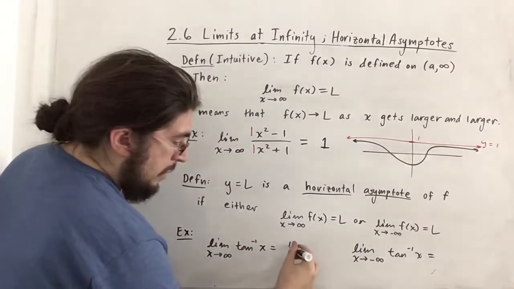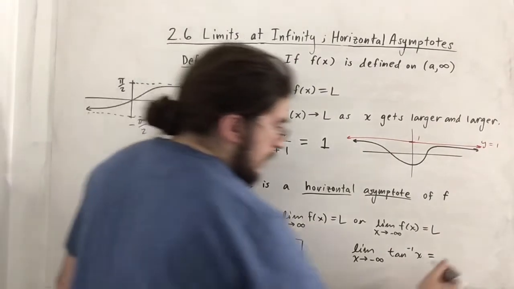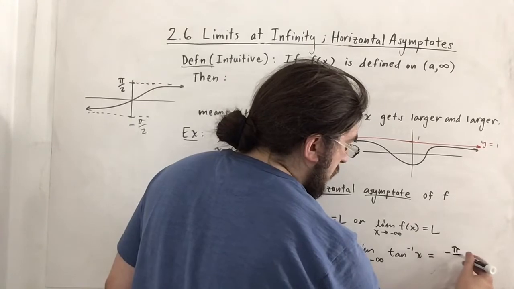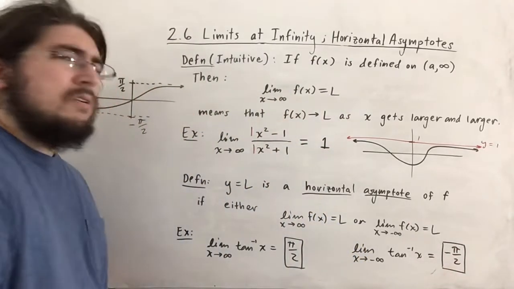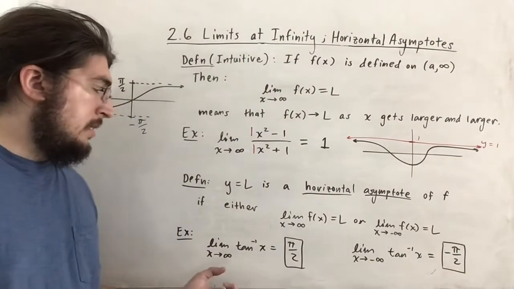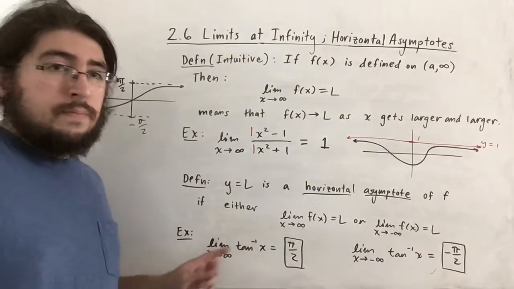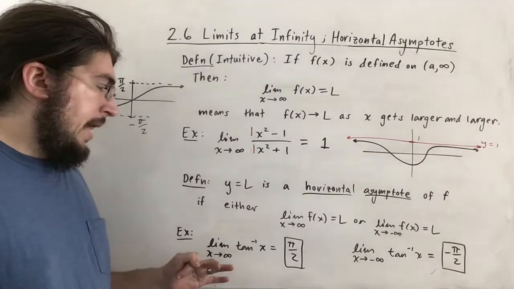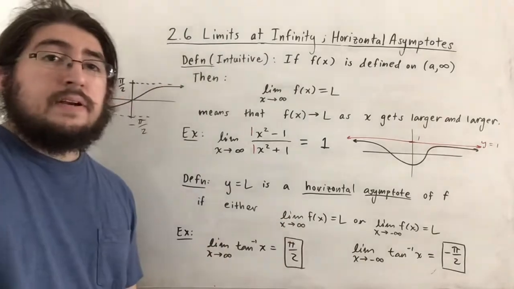So this limit here is pi over 2 because of horizontal asymptotes, and this limit here is negative pi over 2, again because of horizontal asymptotes. A nice way of seeing this is because tangent of pi over 2 approaches infinity from the left, and from the right, it approaches negative infinity.